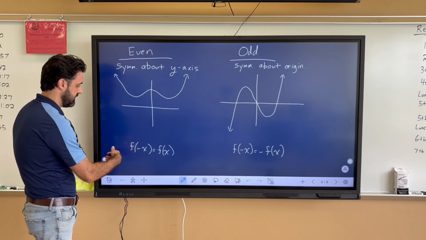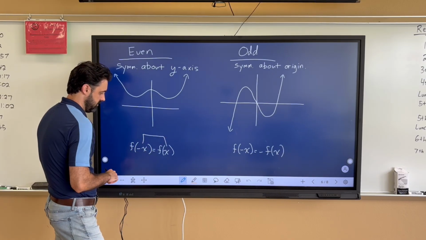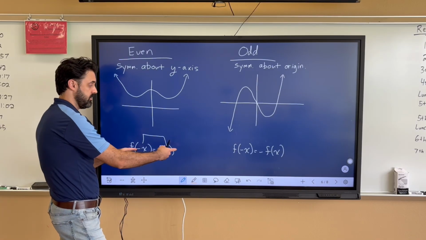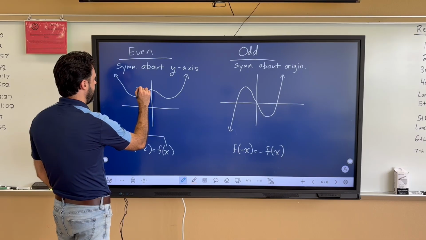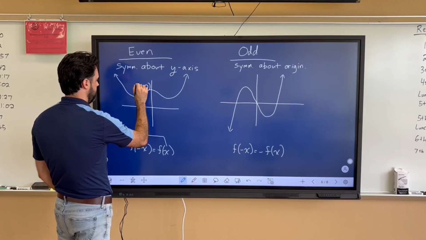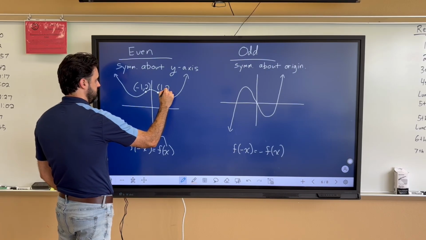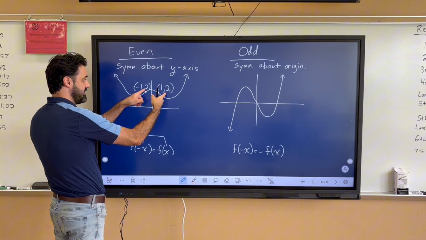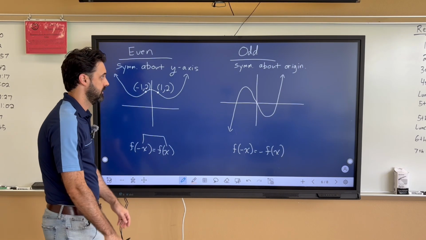All that's saying is if the x values change sign, the f of x values, or the y values, are going to be equal to each other. So, for example, if this is the point negative 1 comma 2, then this is the point 1 comma 2. If the x's change sign, the y's stay the same, or f of negative x equals f of x.